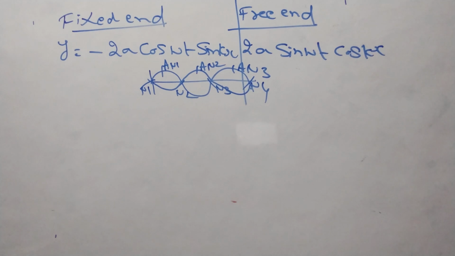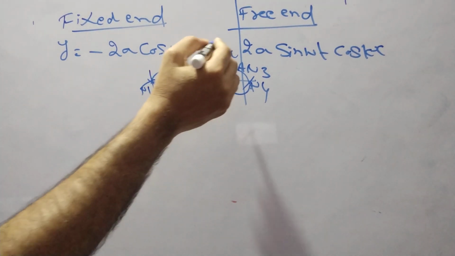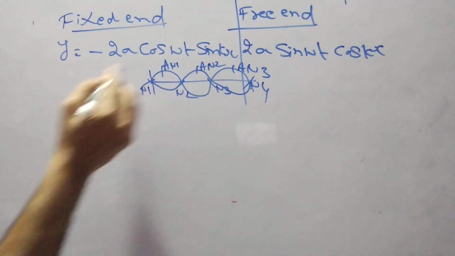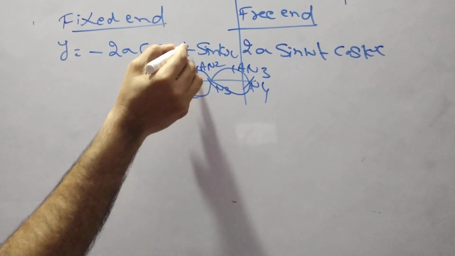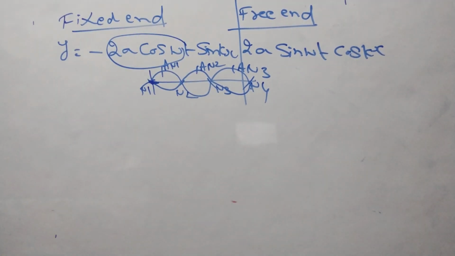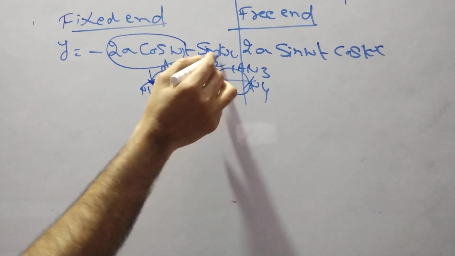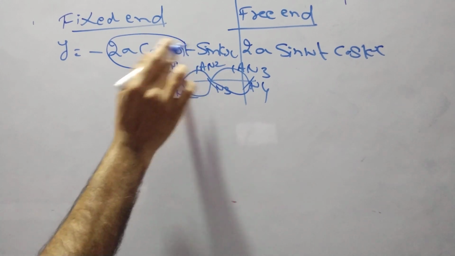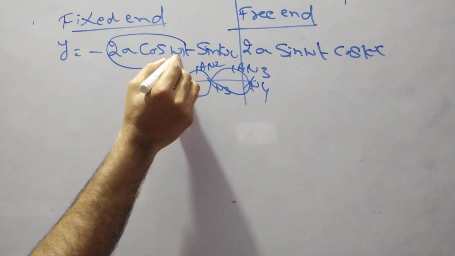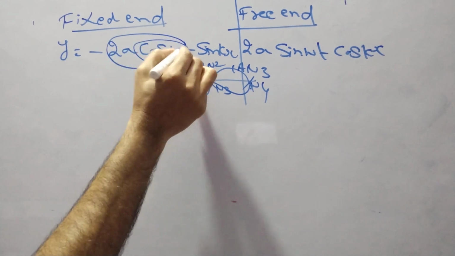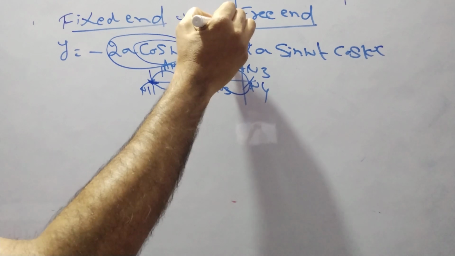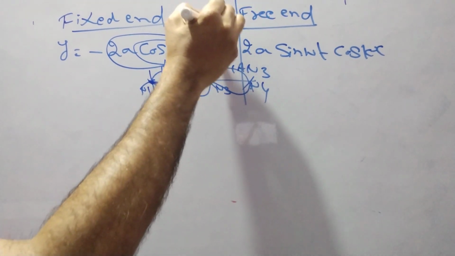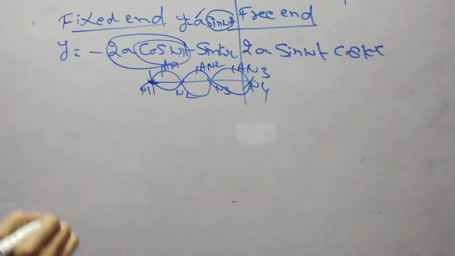Now for the fixed end, for nodes, your amplitude is 0. So what is the amplitude here? 2a cos omega t is not the amplitude. This sin kx part will be the amplitude, because your standard form is y equal to a sin omega t, so the coefficient of sin or cos omega t is the amplitude.